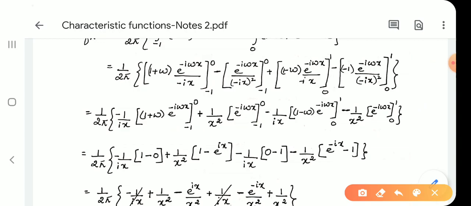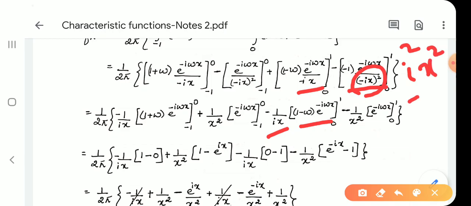Similarly, in the third term, the constant minus ix I will take outside. I have to apply the limit for 1 minus omega e power minus i omega x. Now let us see what happens in the last term. Here the square of a negative number becomes positive, so it becomes i square x square.